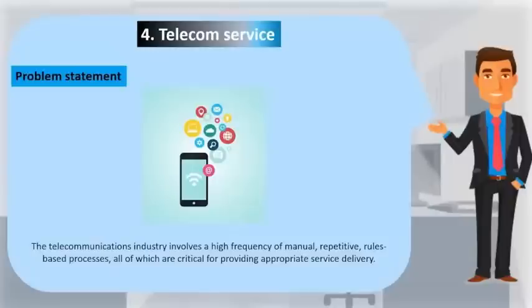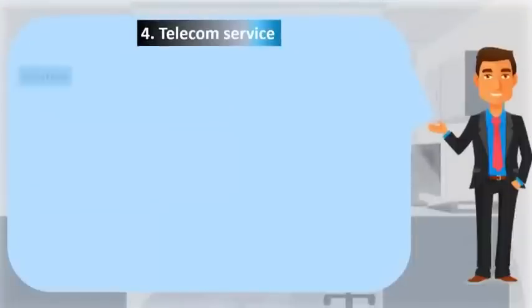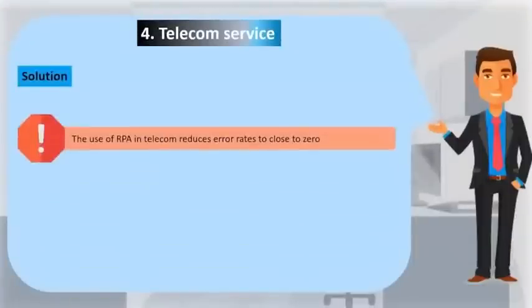For telecommunication companies looking to improve their customer service, high reliability and accuracy of process outcomes are required. Solution: the use of robotic process automation in telecom reduces error rates to close to zero, improves data quality, improves customer service, and increases operational efficiency, all while contributing significantly to cost reduction.